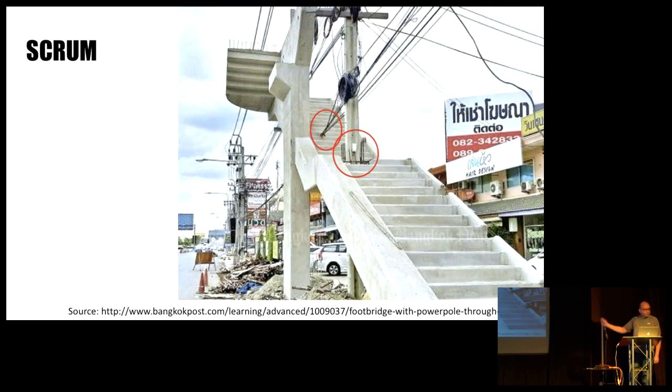Just as of last week, this made the news in Bangkok. People complained about this really modern pedestrian bridge being built with a power pole in it, and you can notice the telephone wires going through it. Do you know why? This is an instance of Scrum.